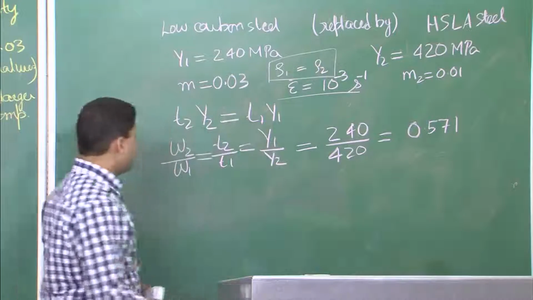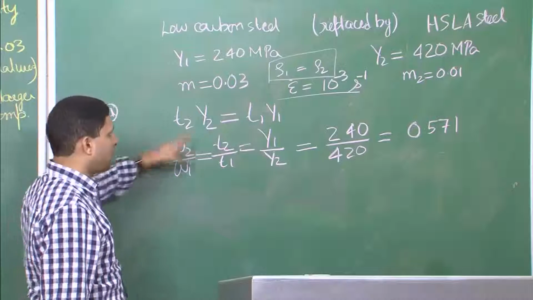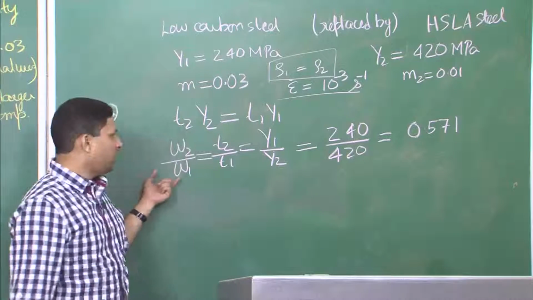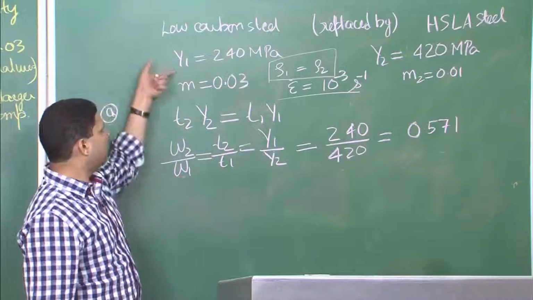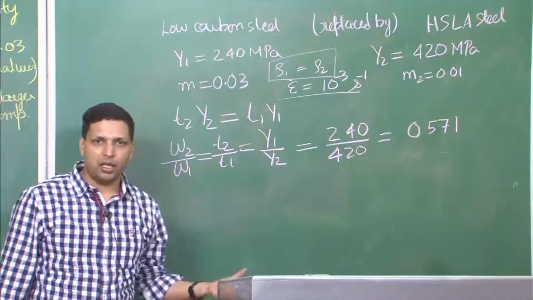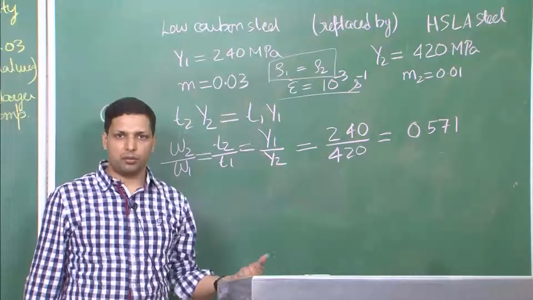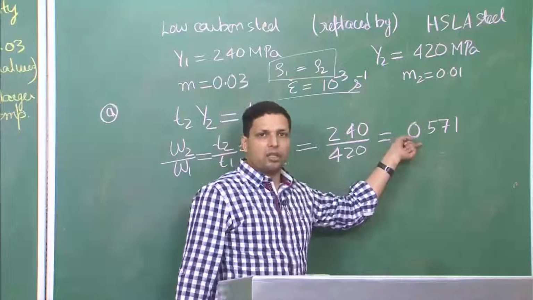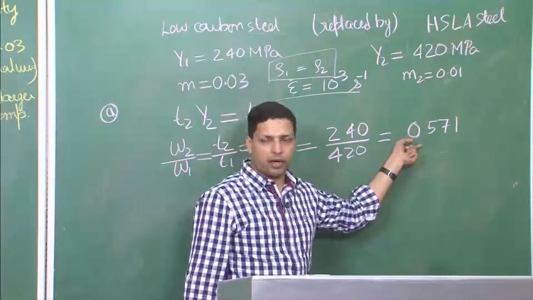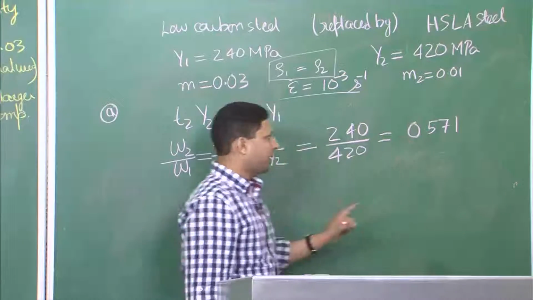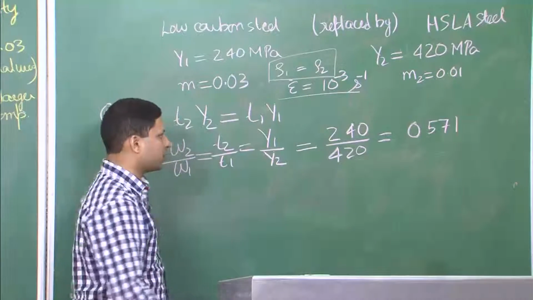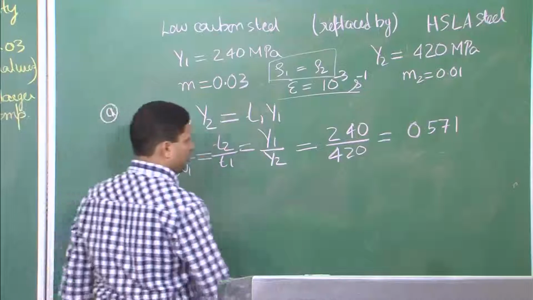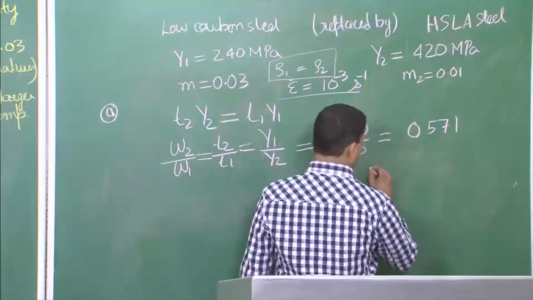So, what it is saying is that the weight of the second material is only 0.57 of the weight of the first material, and still it will carry the same load. Therefore, at a much thinner gauge or at a much lower weight, you are able to get the same kind of performance, which means that how much are you saving?